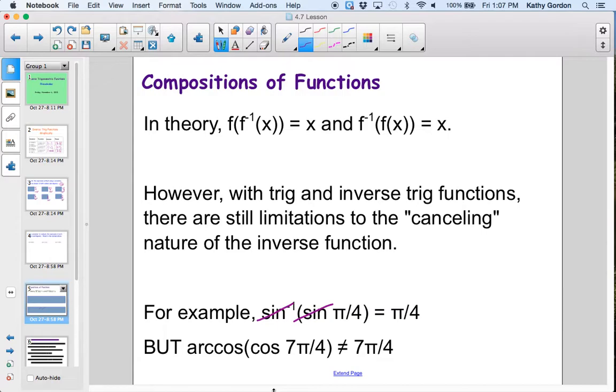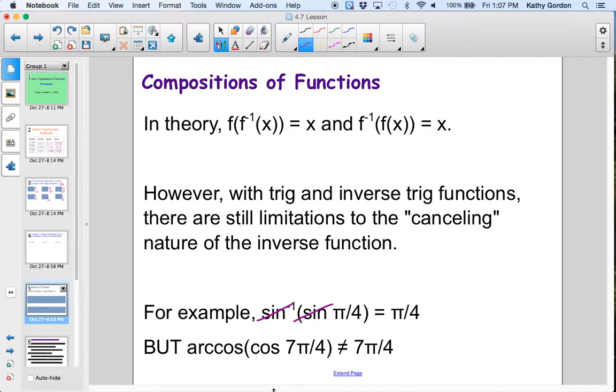But if I tried to do something similar like this, where I have the inverse cosine of the cosine of 7 pi over 4, that doesn't work. Because what I'm saying then is that when I take the inverse cosine of this thing, I end up with 7 pi over 4 as an answer.